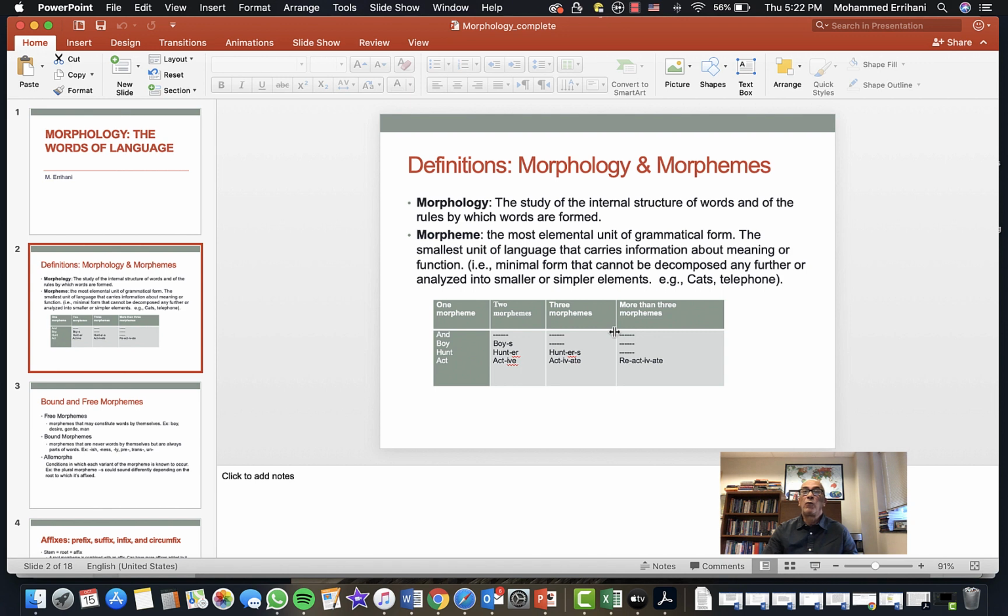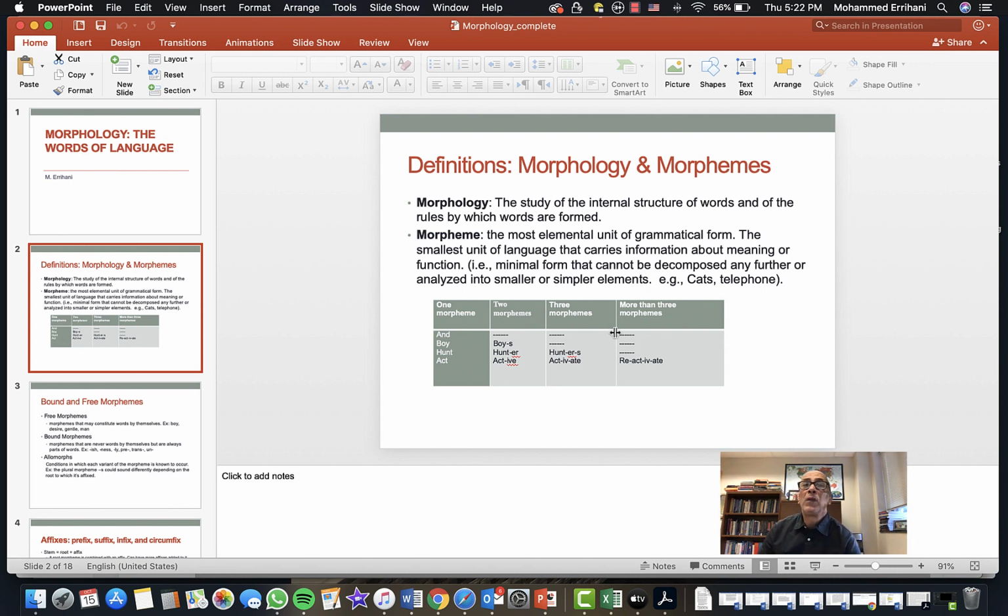So these words cannot be decomposed any further. They cannot be analyzed into smaller or simpler elements. So, for example, and, you cannot say a is one word and then nd is a separate word. It's just one word that cannot be decomposed any further. Now, that's a one morpheme word, a word that consists of one morpheme.